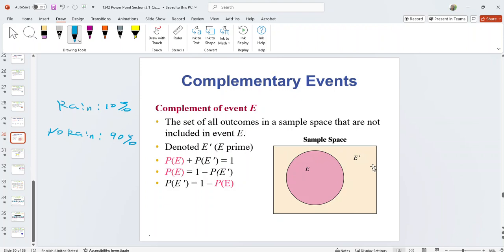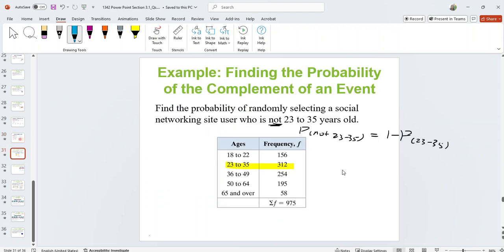Look at this one right here. We have social networking site user ages, and you want to find the probability that a user is not in this group.